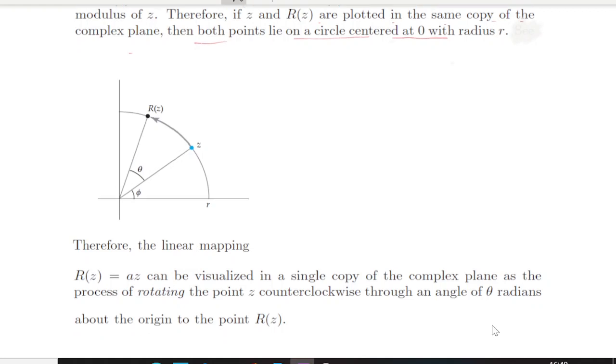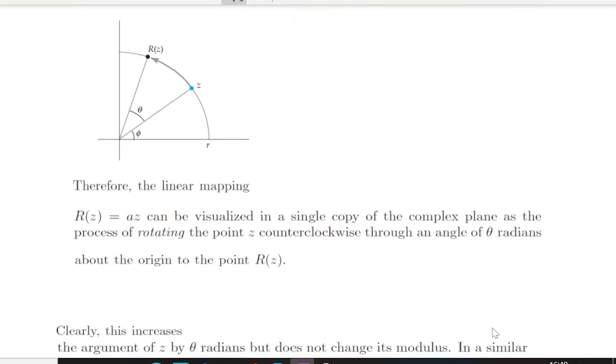Therefore, the linear mapping R of z equal to az can be visualized in a single copy of the complex plane as the process of rotating the point z counterclockwise through an angle of theta radians about the origin to the point R of z.